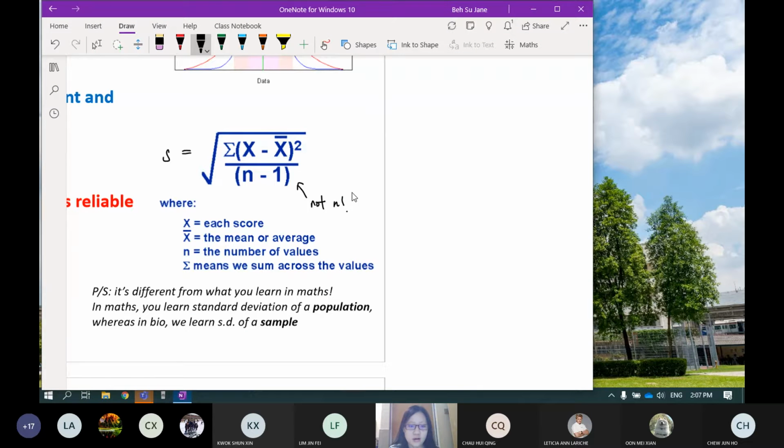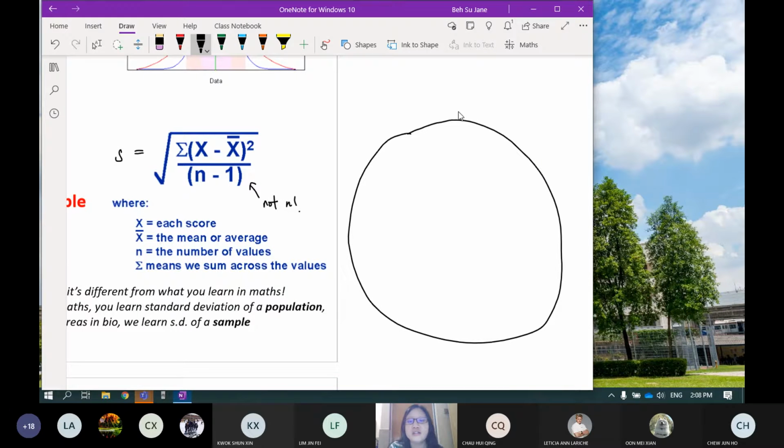Why? Because in maths, you learn the standard deviation of the population, whereas in bio, we learn the standard deviation of a sample, and that's different. What do you mean by population and sample? Okay, this is what we mean. Imagine this circle, Venn diagram, represents the entire population of, say, mice in the neighborhood, in the area.